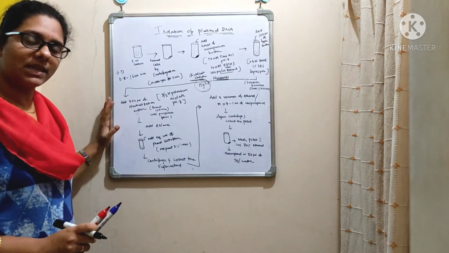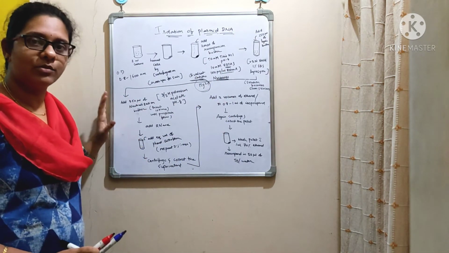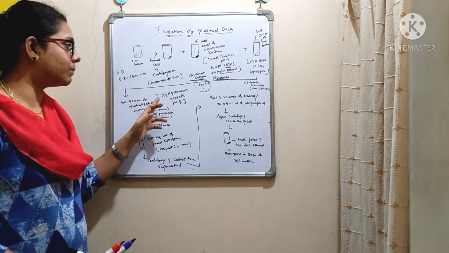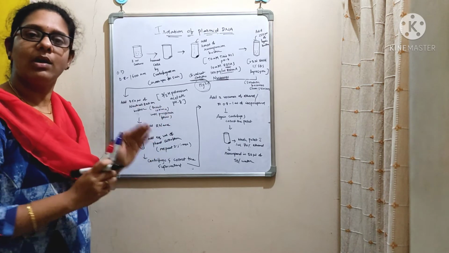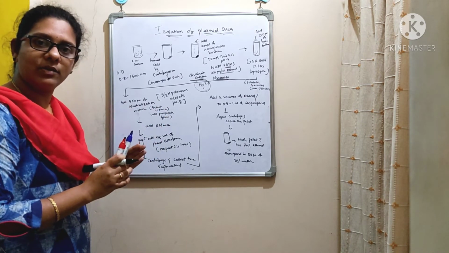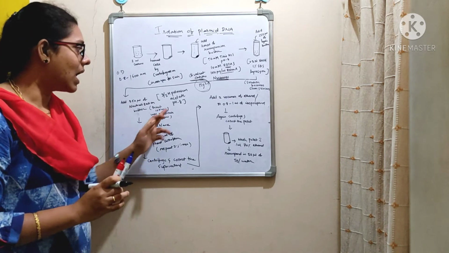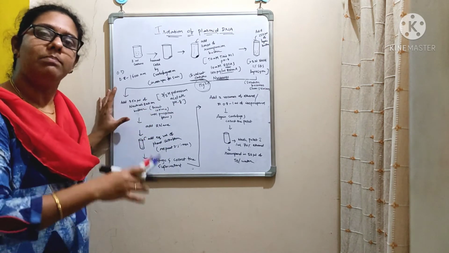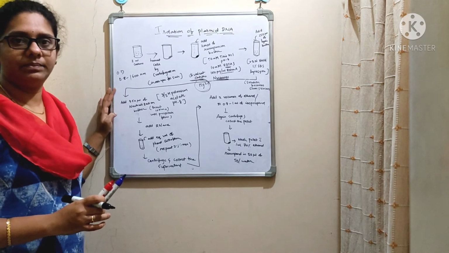And coming to the next step, we are going to add a neutralization buffer, and the neutralization buffer is a combination of potassium acetate. Here we are going to use an acetic acid solution to maintain the pH, and moreover this potassium acetate will go and bind with the chromosomal DNA.